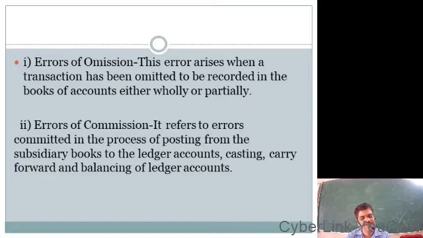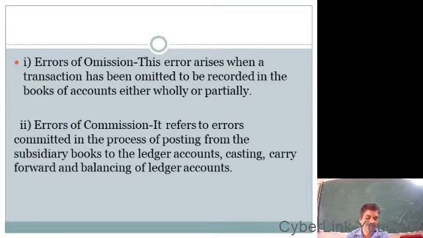When entries made in the books of original entry or ledger are incorrect wholly or partially, such error is that of commission. These errors may or may not affect trial balance, profit and loss account, and balance sheet. And these errors may be intentional or otherwise.